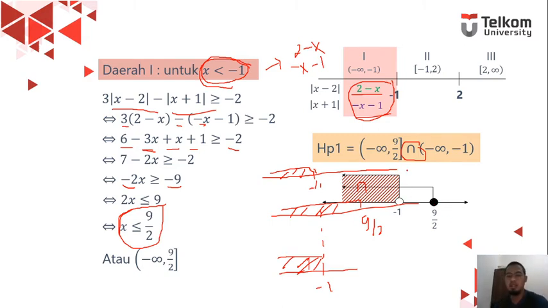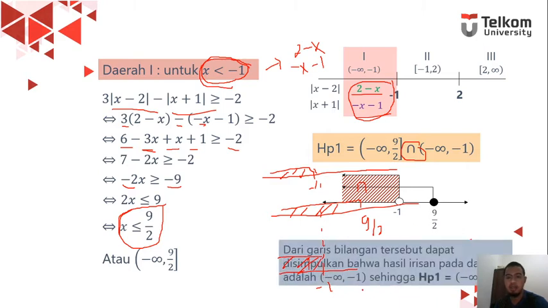We get the intersection between minus infinity to 9 over 2 and minus infinity to minus 1. So the result is minus infinity comma minus 1. Okay, so in the first area we have the result, minus infinity to minus 1.